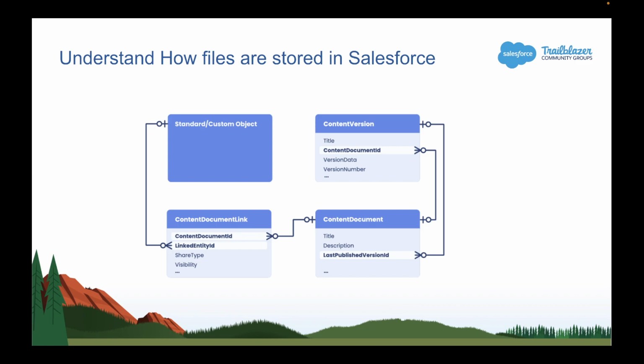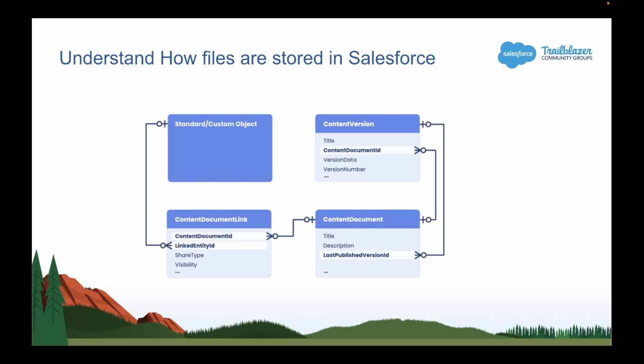And content document is, I would say, a parent object, which would point me towards the latest file version. So if I upload a file today, and tomorrow I have a revised file, I will create a new version of the file, and this content document will point me to the new version of the file.